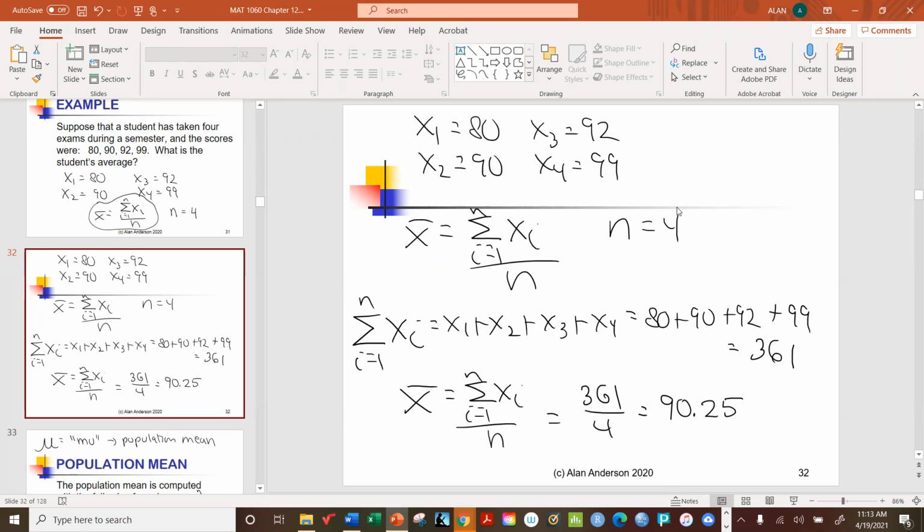You add them together and you get 361. And then in the denominator, you of course have 4 because there's 4 elements. So that works out to an average of, as you can see, 90.25. That's the average for the semester.